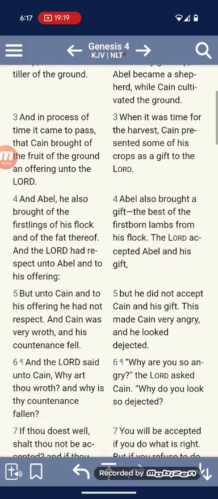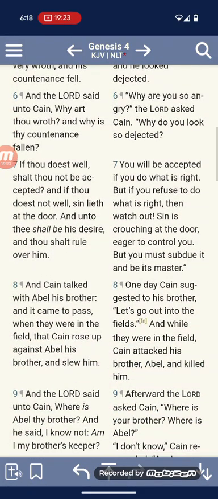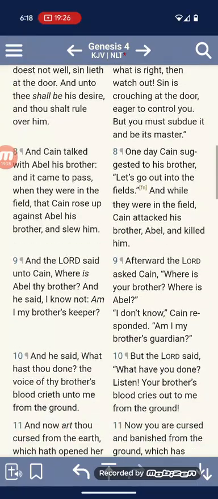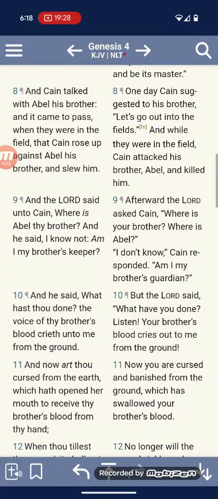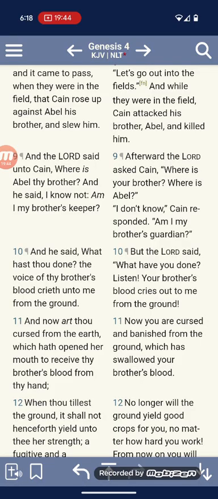to Genesis chapter 4, and I'm just gonna drop down to verse 8 because I'm not gonna read all of this. And it says, and Cain talked with Abel his brother, and it came to pass when they were in the field that Cain rose up against Abel his brother and slew him.